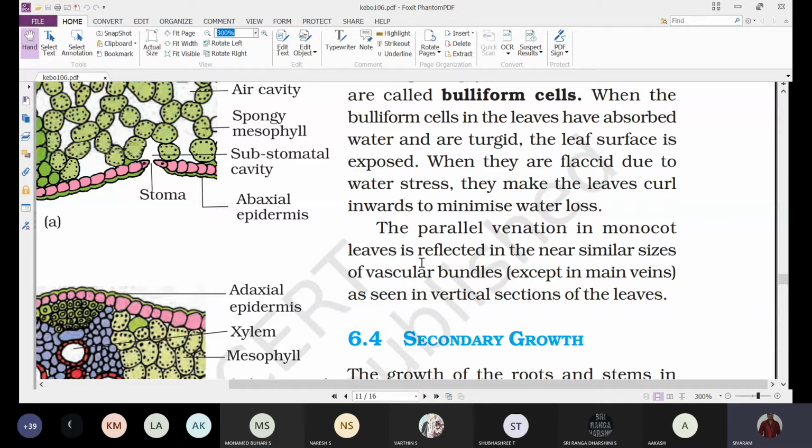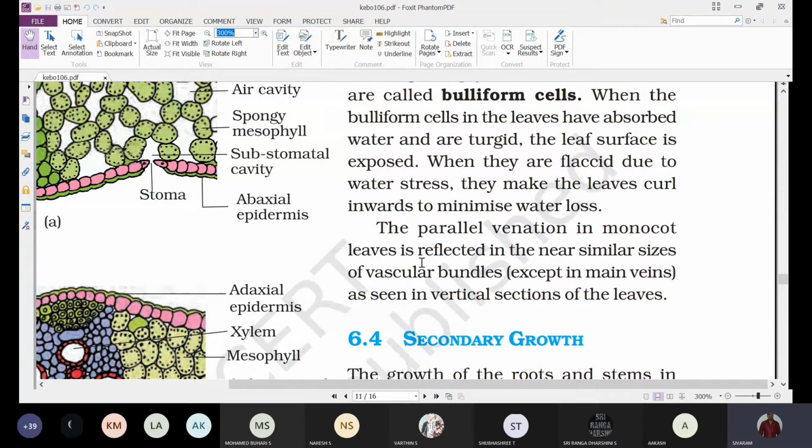When they are flaccid due to water stress, they make the leaves curl inwards to minimize water loss. That means they roll inwards, and this reduces the exposed surface area, thereby reducing the water loss due to transpiration. As a result, the plant can survive.